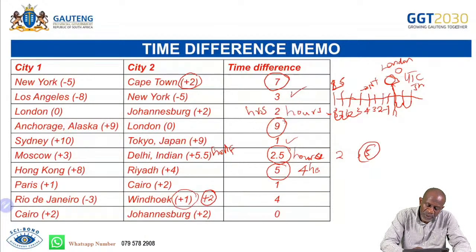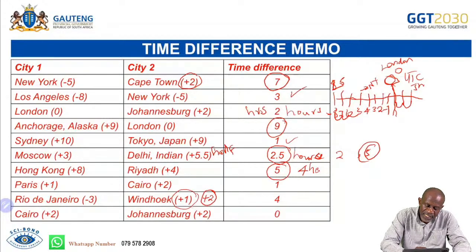They decided to get rid of daylight saving time and they converted to +2. So they derived their time from +2, not +1.